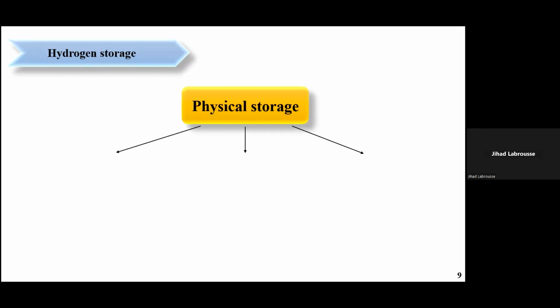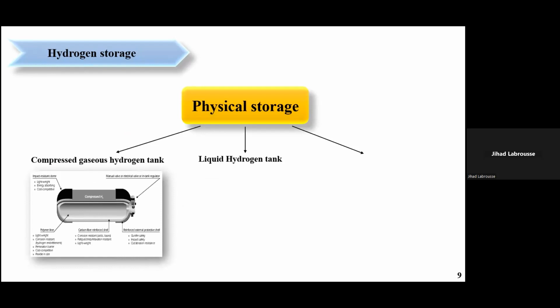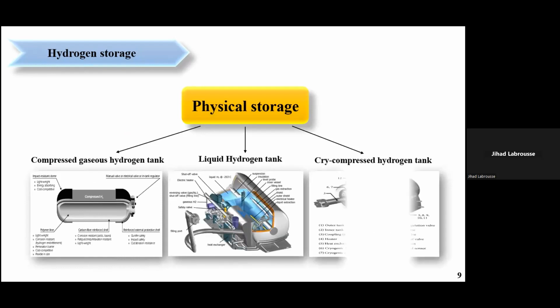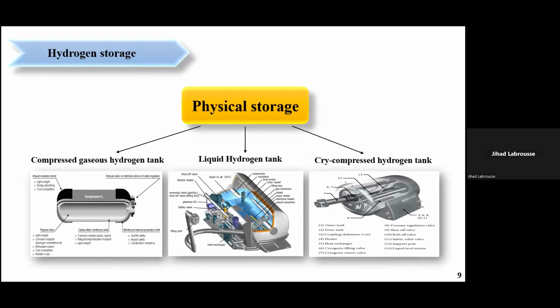Using this method, we can store hydrogen in gaseous form at high pressure, and also in liquid form at 1 atmosphere pressure, which needs -252 degrees Celsius, the cryogenic temperature.